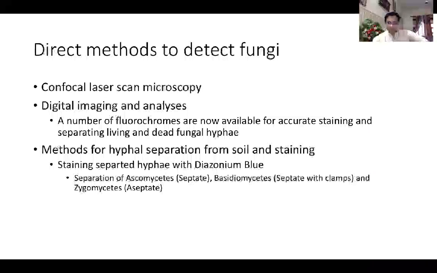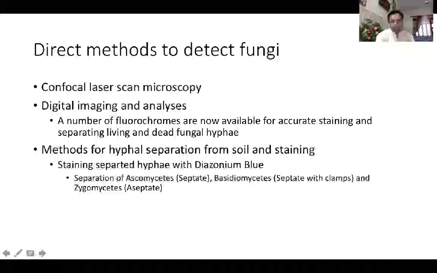Then there are methods for hyphae separation, through which we separate hyphae from soil, and then there are methods for staining. For example, the hyphae can be stained by diazonium blue.